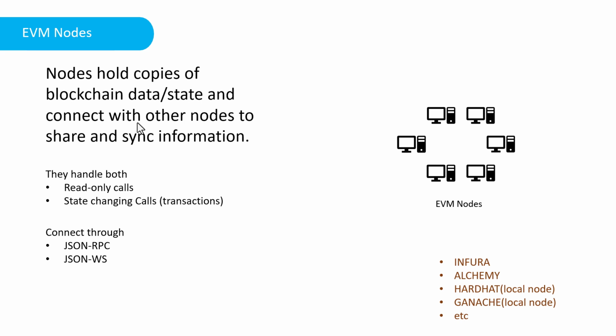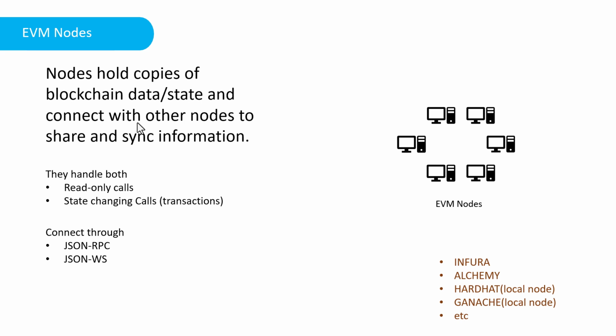So when you do a transfer of USDT from a user to another user, that's a transaction, and that is executed by a node. And you can connect to a node via a JSON remote procedure call or a JSON WebSocket. Right? So once you have a node running, you will get a URL to connect to the node, and you can use JSON RPC or JSON WebSocket to connect to the node and either query for information or write transactions.